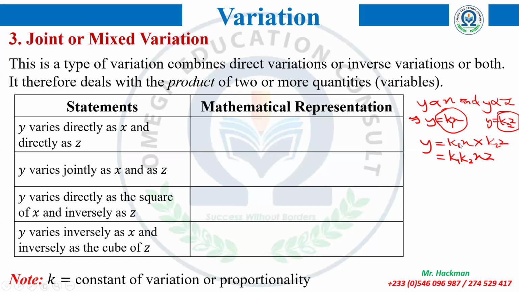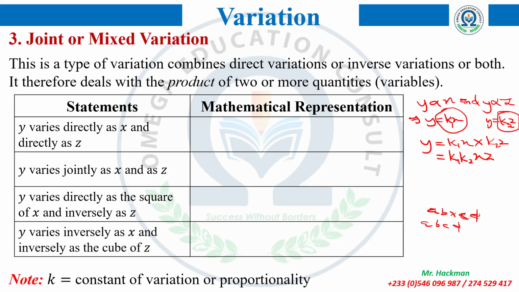I want to bring all the k's first. If I ask you to multiply AB times CD, wouldn't it be ABCD? I'm just multiplying the letters there. You get it? But I decided to write the k1 and the k2 first, so it's k1 times k2 times x times z. Is that clear?